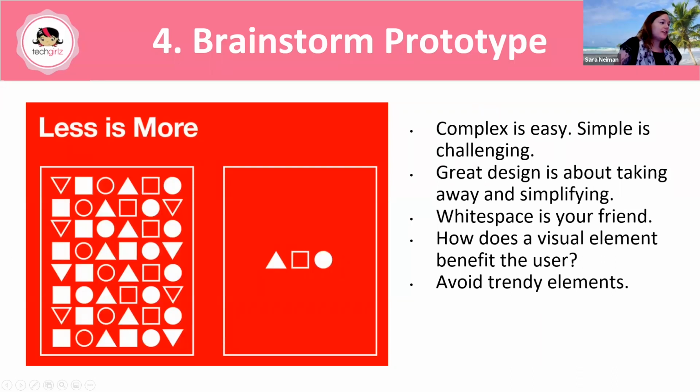So if we look at this crazy amount of touch points on a screen or an app, that's way too many spaces or links that you could be clicking on. So if we have more white space, that is definitely better. Thinking of great design is about taking away and simplifying.